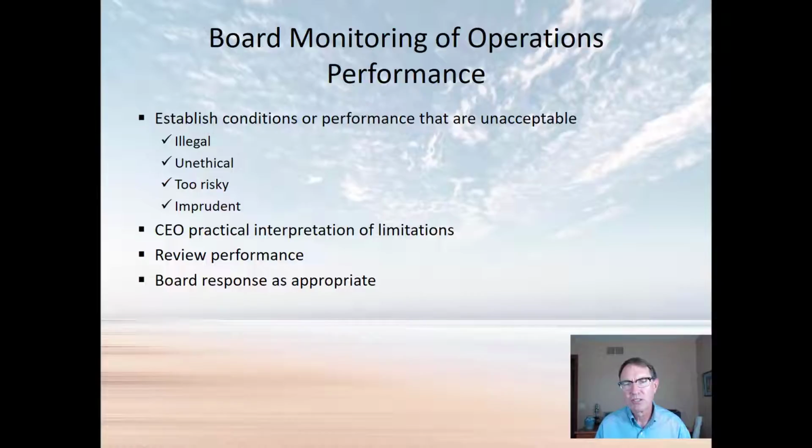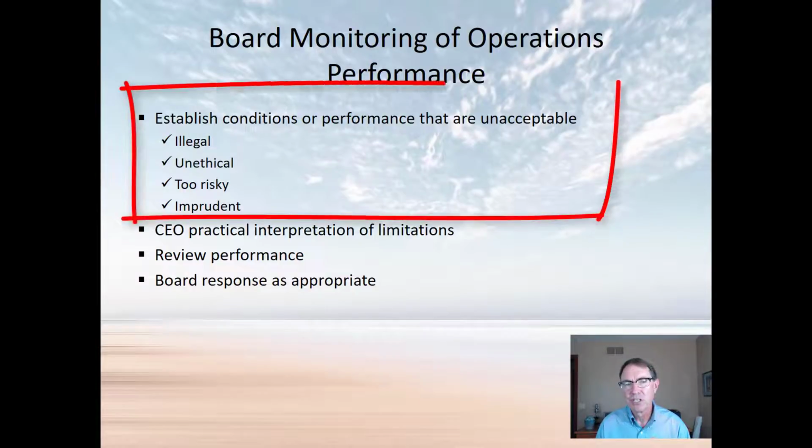So let's look at this process now from an operational performance standpoint, again from the board's perspective. So this starts with establishing operational performance or operational conditions that are unacceptable. And as we mentioned before, that might certainly be illegal, unethical, too risky, and what you might consider imprudent.